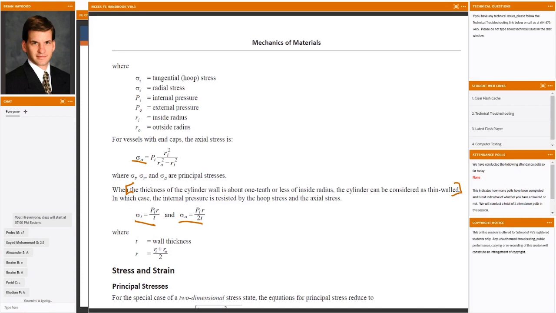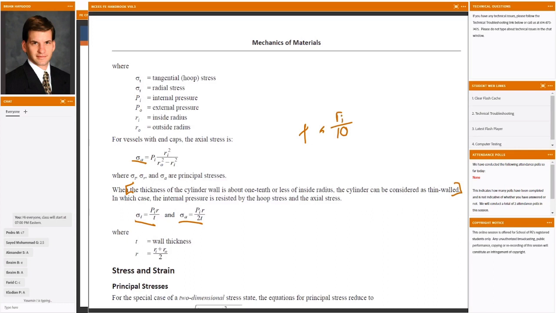The distribution of stress is not as equal in a rectangle. For thin-walled, roughly circular pressure vessels, if the wall thickness is about 1/10 or less than the inside radius, then it's thin-walled.